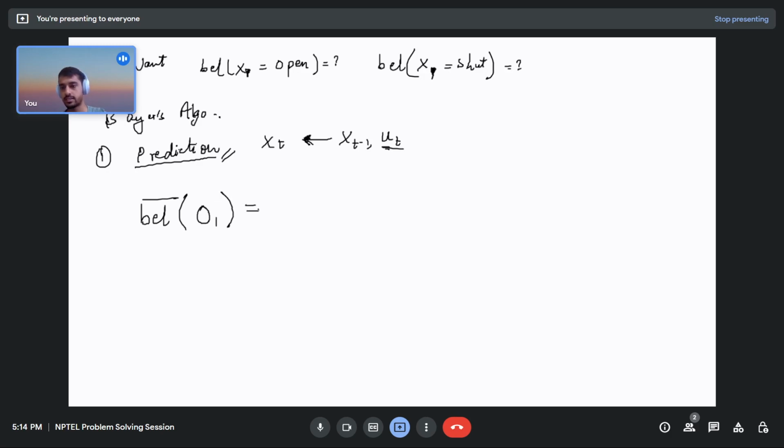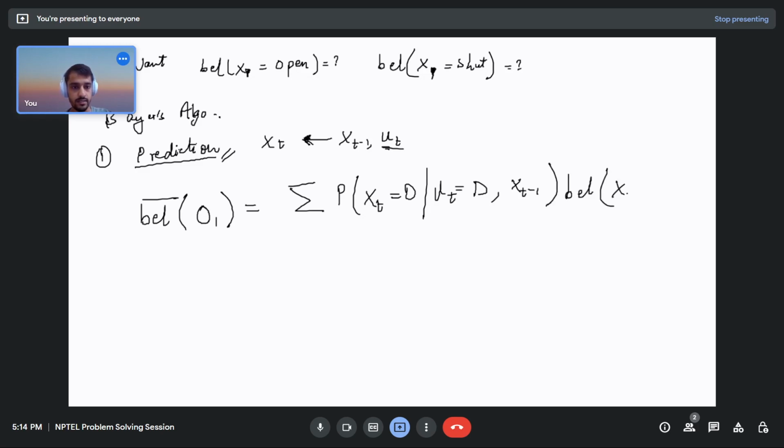According to Bayes rule, this should be the probability that the new state is open, given that you have done nothing, summed over all previous states x of t minus 1. For our case we only have two previous states: either it was previously open or closed.